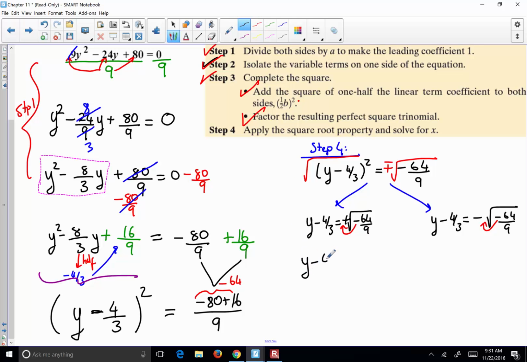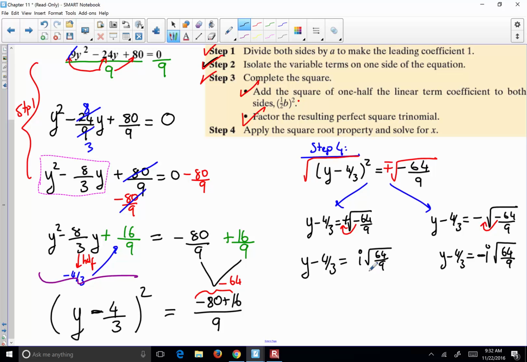You can move it out as a symbol called i. So this is i 64/9, and this is negative i 64/9.